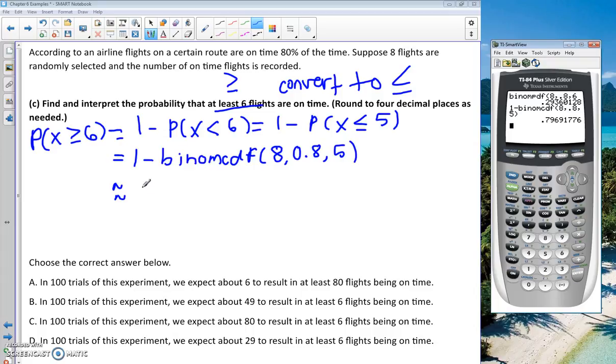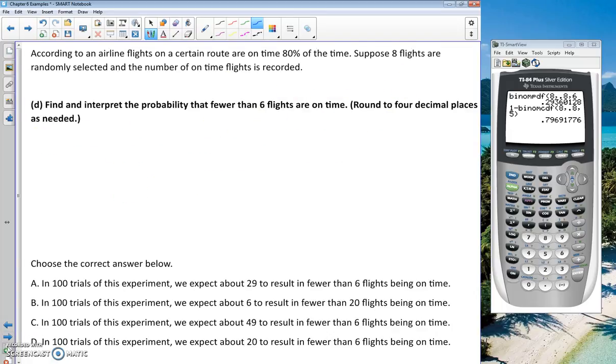We're looking at 0.7969. So in 100 trials of the experiment, we expect about 80 of those to result in at least 6 flights being on time.